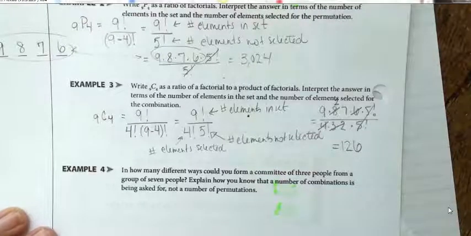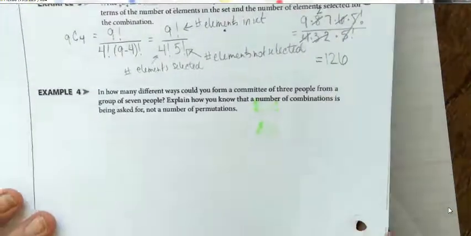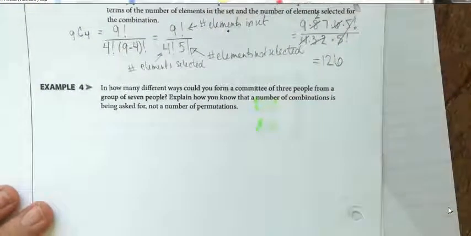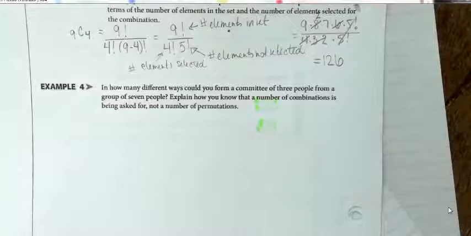Okay, example 4. In how many different ways could you form a committee of 3 people from a group of 7 people? Explain how you know that a number of combinations is being asked for, not a number of permutations. Okay, so if you form a committee of 3 people, then basically I have 7 people right now.